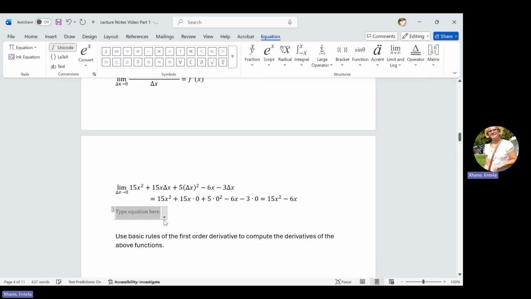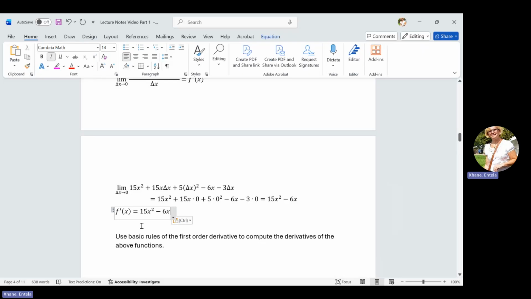The final answer, using the limit definition, I was able to compute the derivative of the function f of x, defined as f prime of x, and this is equal to 15x squared minus 6x. And that's the final. I highlight in blue, and that's the solution.